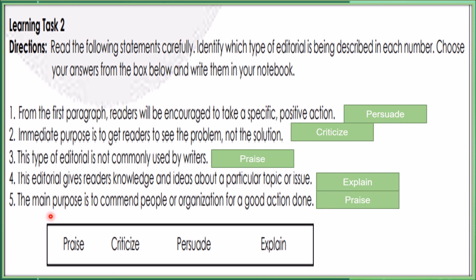And the main purpose is to commend people or organization for a good action done. So that's praise. Commend, praise. Okay, then pag sinabing gives knowledge and ideas about a particular topic, of course, that's explain. So this is it, kids. Okay, good.